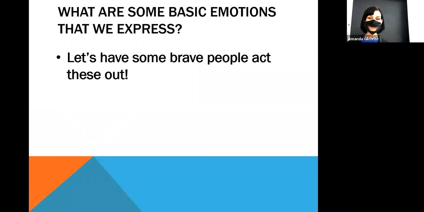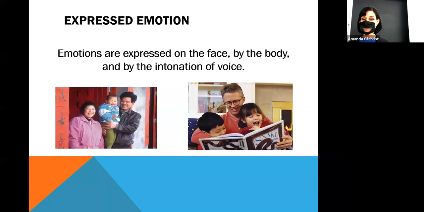Okay. So what are some basic emotions that we can express? I'm going to say that we should not act these out normally because we need to be wearing masks for a little while longer. But here's something that's kind of interesting about expressed emotions.